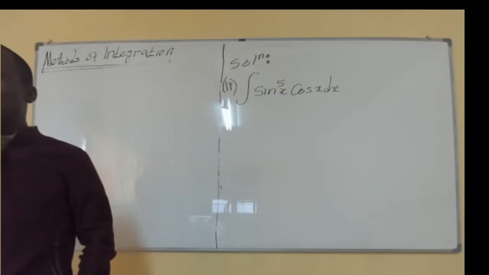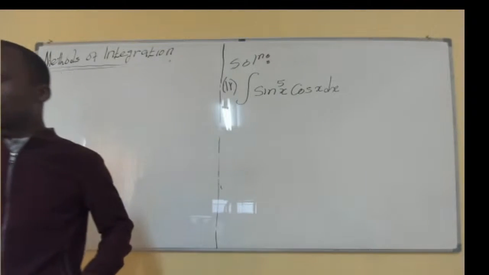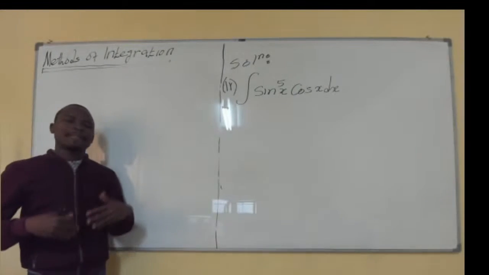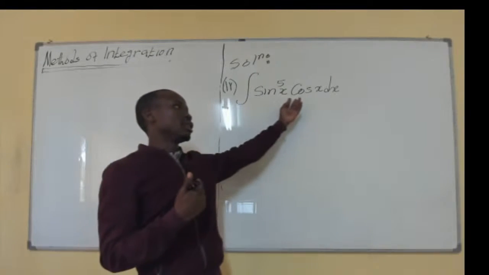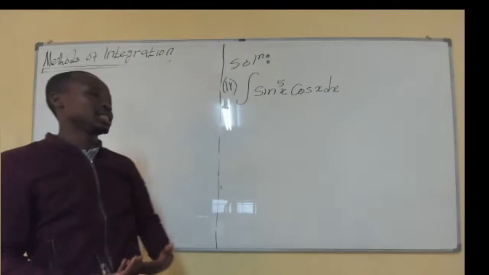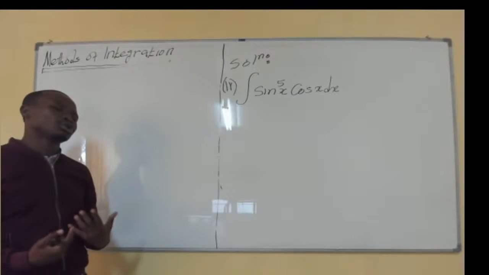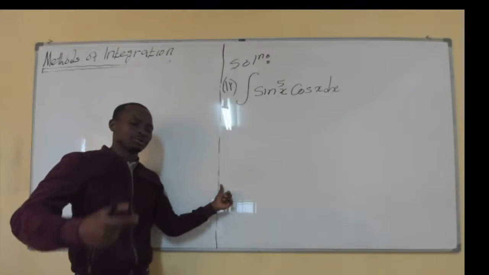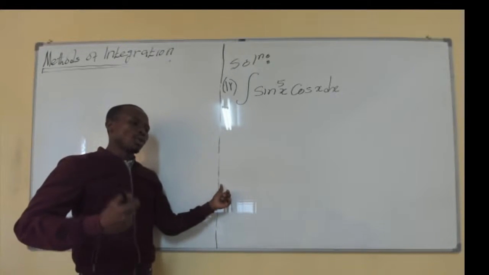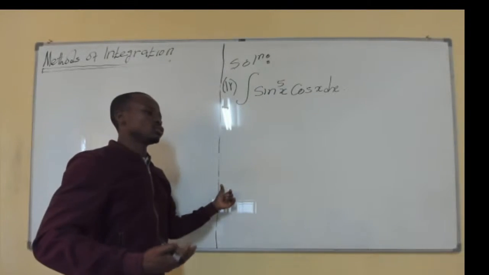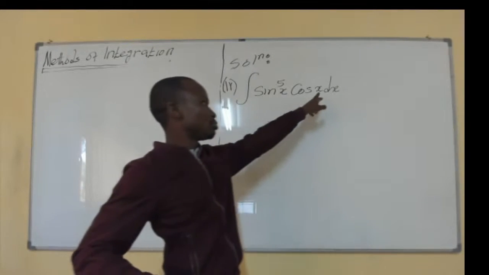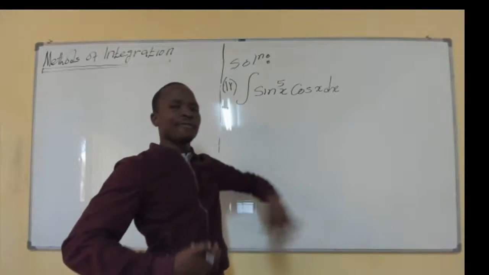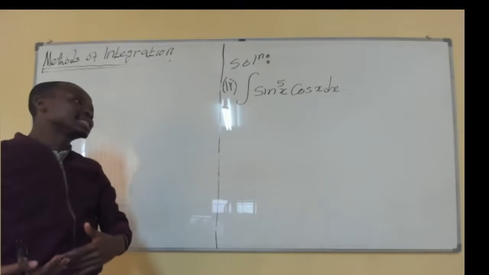So the question is, which one should be our u? What should be your u in this scenario? Remember, one thing that you should recall from the previous example is that when you are making the choice of u, you should make it in such a way that when you change the variable of integration, you substitute dx by du over the derivative of g of x.